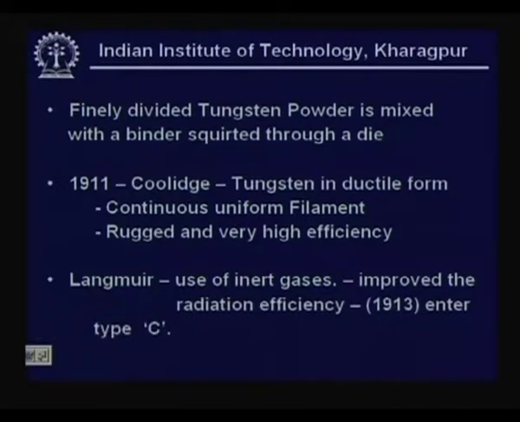And Langmuir found that with the insertion of inert gases, in fact he developed the properties of inert gases, the radiation efficiency could be improved considerably, and possibly in the year 1913 the type C lamps or the gas lamps entered. So, we have the filament as the heart of the lamp. It has gone through a lot of changes from the days of Edison.